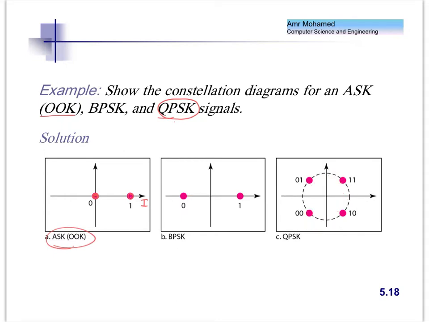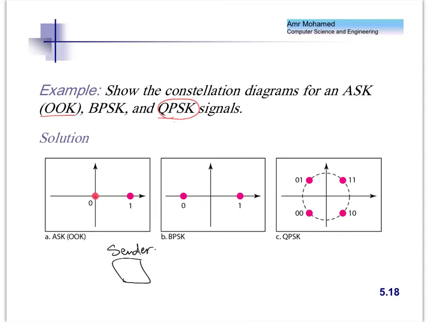So let me clean this. So now we understand how to represent each of these digital modulation schemes: ASK, PSK, and QPSK. So again, what is the motivation behind the IQ diagram? If we try to send these symbols over, so this is the sender now.